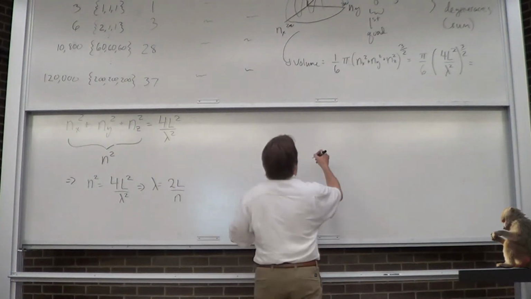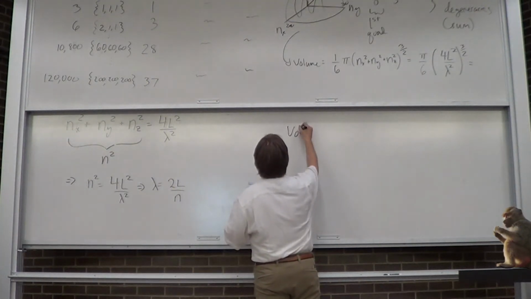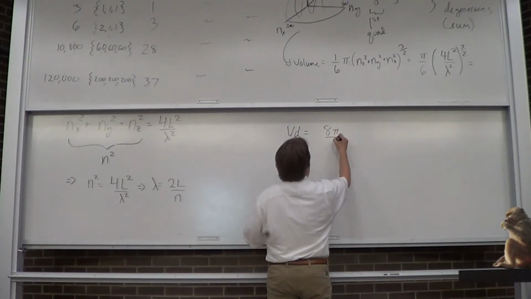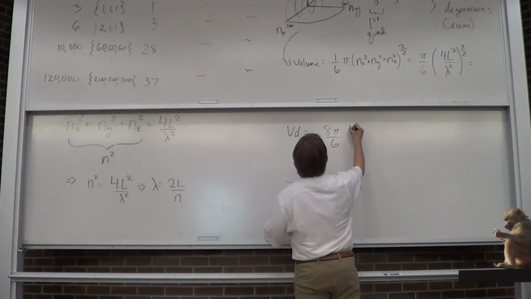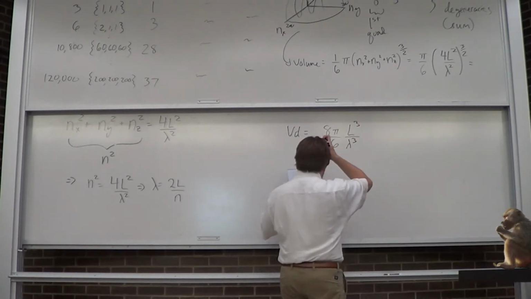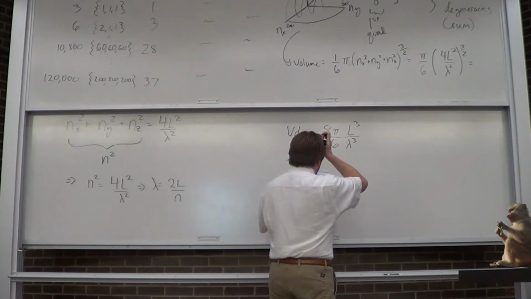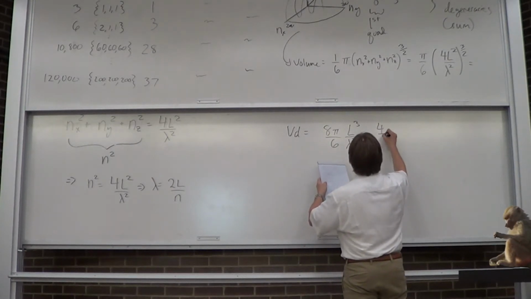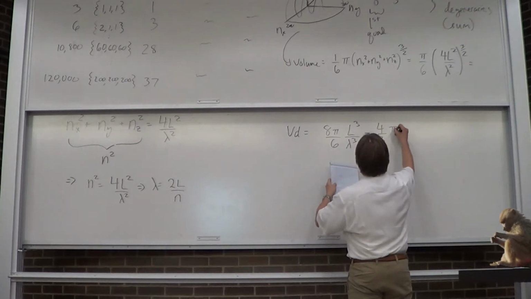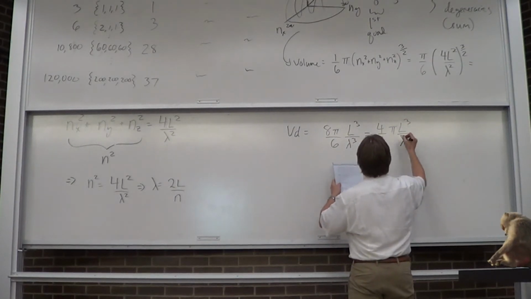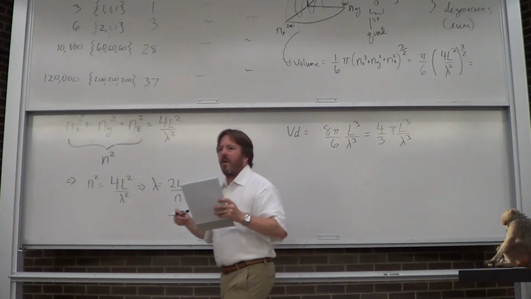So the volume, I'm just working down, is 8 pi over 6 L cubed over lambda cubed. And does this get me back to where I was? Yes, this gets me back to where I was. I'm doing middle school algebra here.